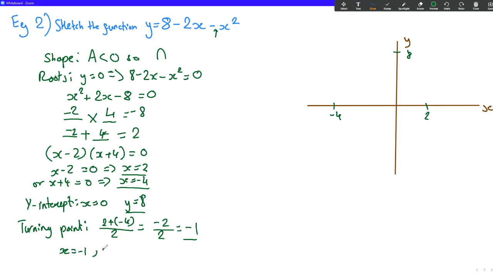So we get y equals 8 minus 2 times minus 1 minus minus 1 squared. Again, the 8 stays the same. 2 times minus 1 is minus 2, but we have a minus here already, so we get minus minus 2. And then here, minus 1 squared is just 1, so we get minus 1. The minuses cancel out to give a plus, so we get 8 plus 2 minus 1, so we get 9.